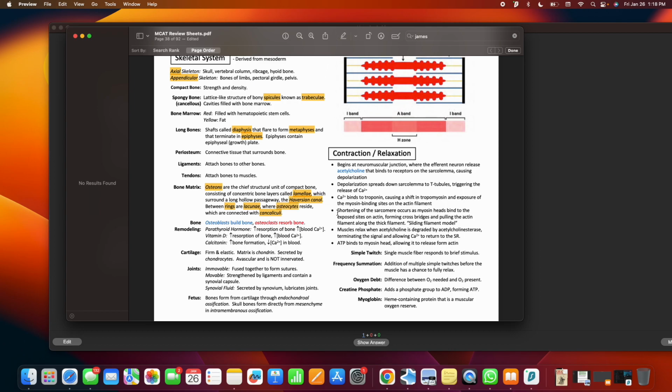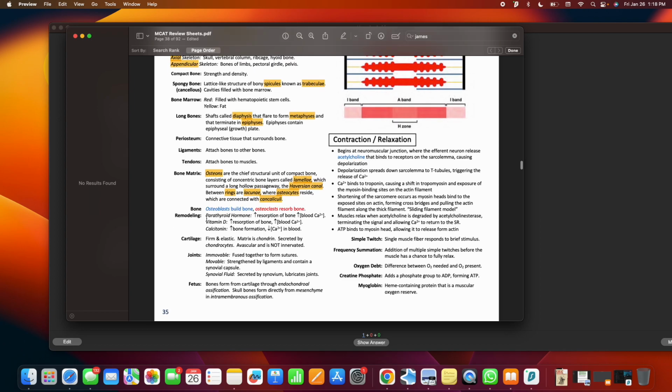But osteocytes reside in the lacunae, and they are connected with canaliculi. Then we have bone remodeling, which is osteoblasts building bone, and osteoclasts resorbing bone.